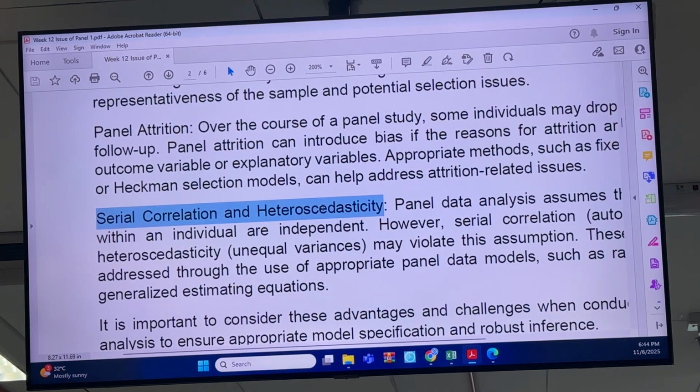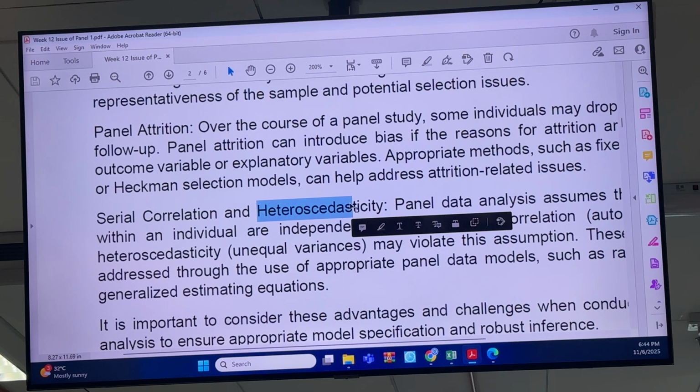So about serial correlation and heteroscedasticity. Especially heteroscedasticity, because our individual effect will make the variance of the residual no longer constant. So we have to be cautious about this heteroscedasticity issue, even though we do not touch a lot on how to handle this unequal variance.